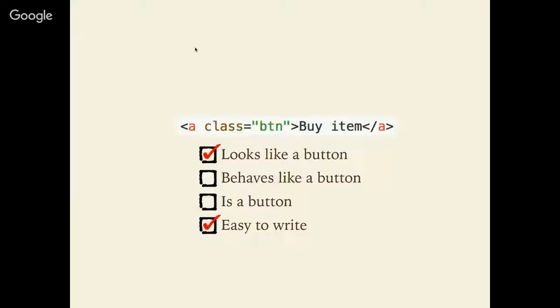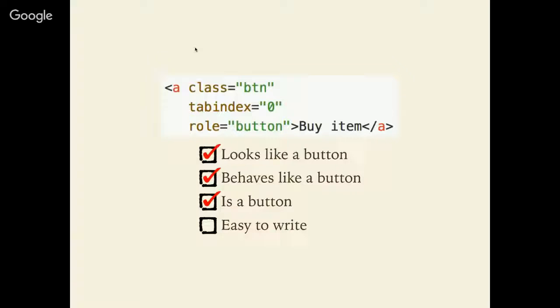It doesn't behave like a button because there's no tab index, so we can't even tab to the button, and we can't activate it with the spacebar if we don't add that with JavaScript. It isn't a button, so there's no check mark next to is a button because it's an anchor. It is easy to write because it's just an anchor with a class. So that's not too bad.